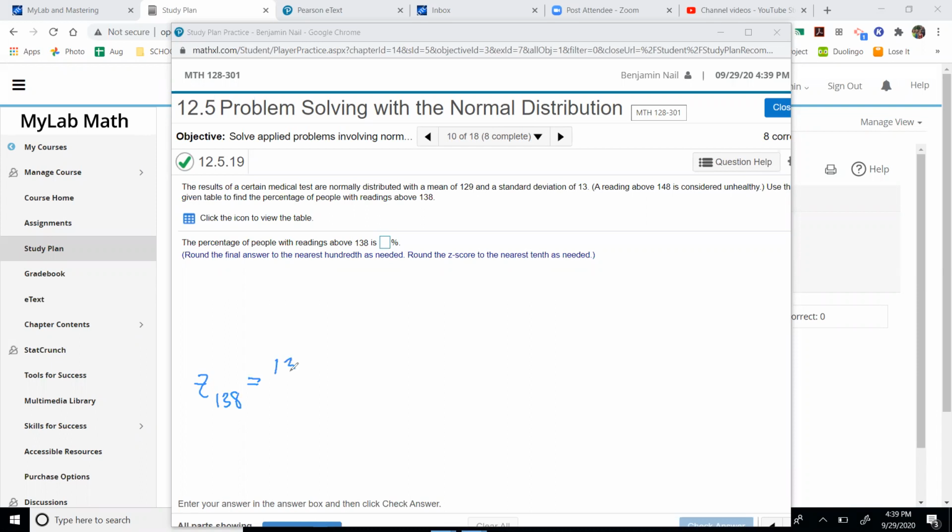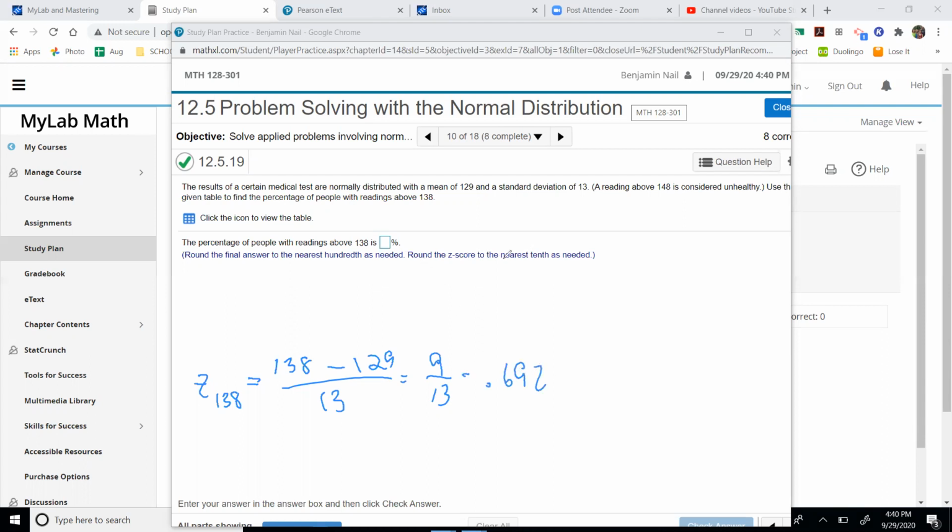So again, we take our data item minus our mean and divide by our standard deviation. Our data item was 138. Our mean was 129. So if we take 138 minus 129, we get 9. Then if we divide by that standard deviation of 13, we get 9/13, or about 0.692.